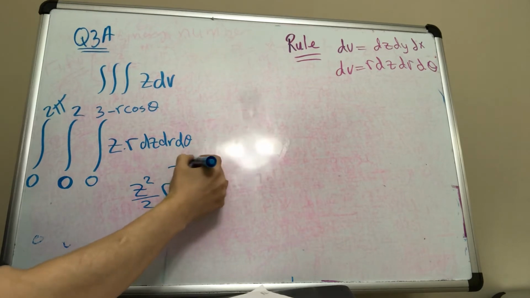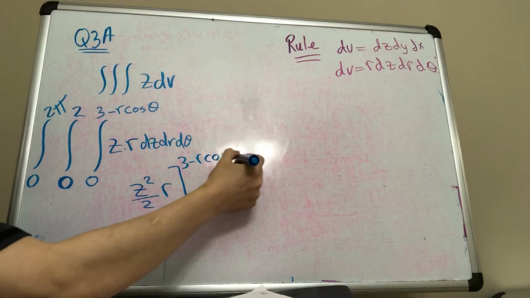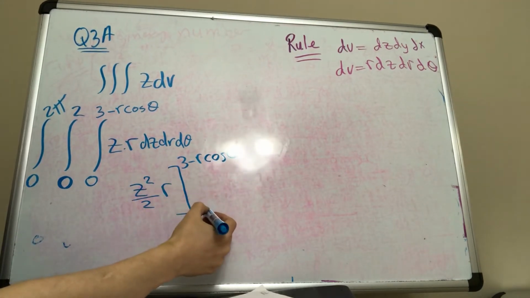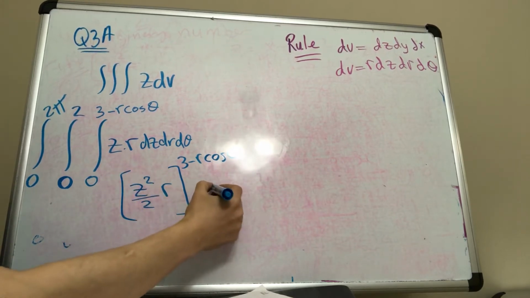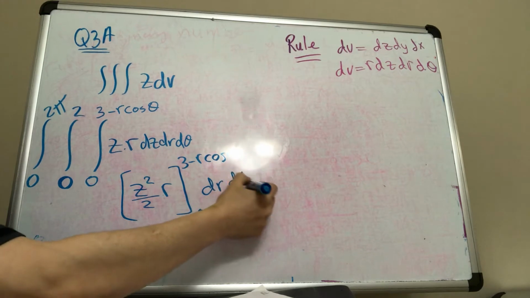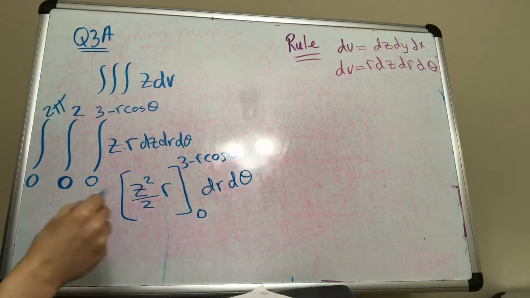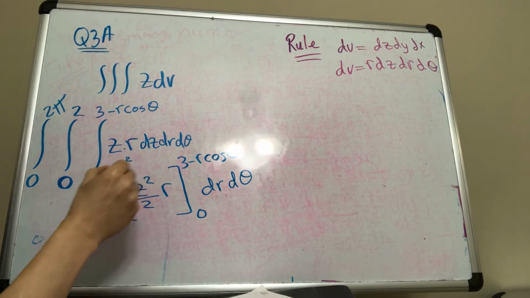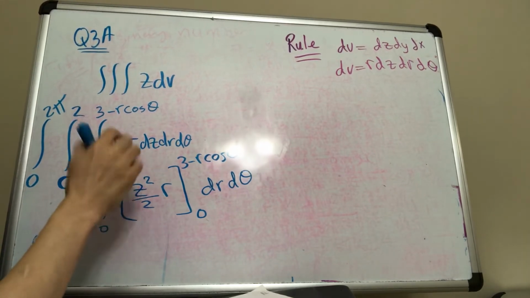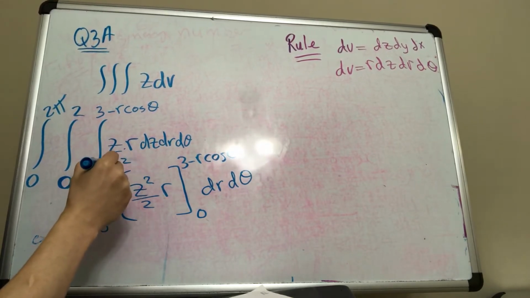We're going to plug 3 minus r cosine theta into z, and we're going to plug 0. And then what's left, you would integrate dr d theta, 0 to 2, and 0 to pi.